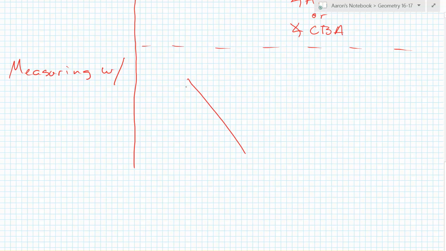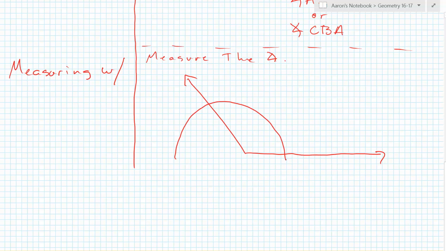Let's say you are given an angle, and you were told to measure the angle. What you would do is take your handy-dandy protractor, and oh my goodness, that's a terrible protractor.